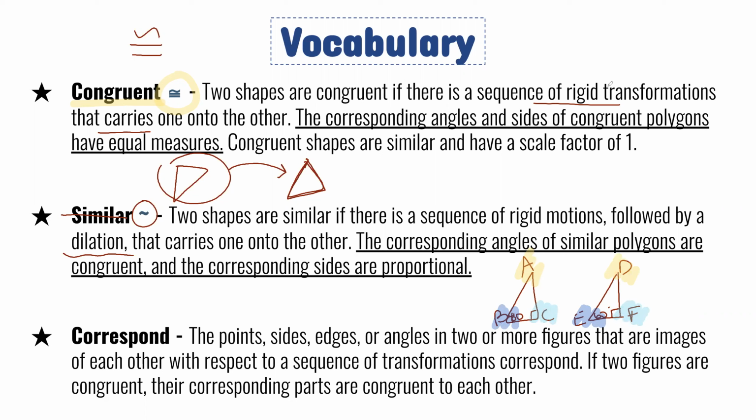So then that's why A and D correspond with each other. I can also say the sides correspond with each other. Side AB corresponds with DE.